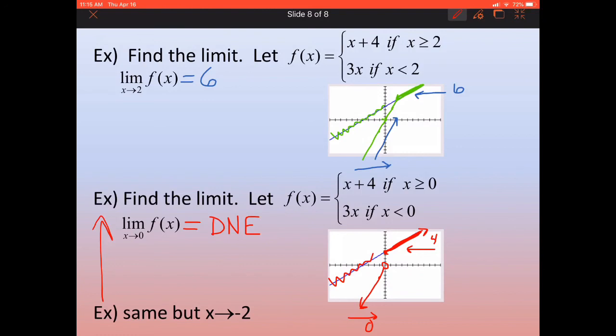If I'm approaching -2, that's going to be right in here. From the left side, I am approaching -6, and from the right side, I'm also approaching -6. So this one would be -6. So it's not always at the split, so just please be careful of what x is approaching.